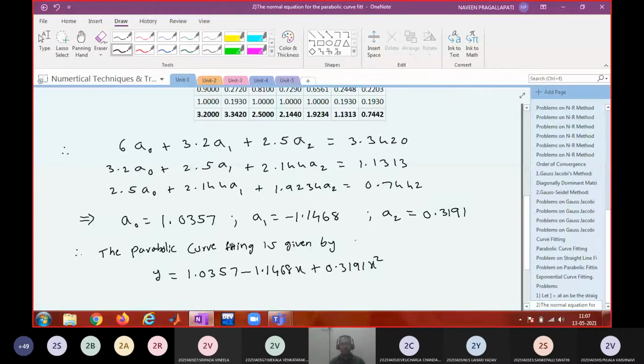Okay, here we are not asked to find out any value of y for a given value of x. We are just asked to find out the equation of the curve.